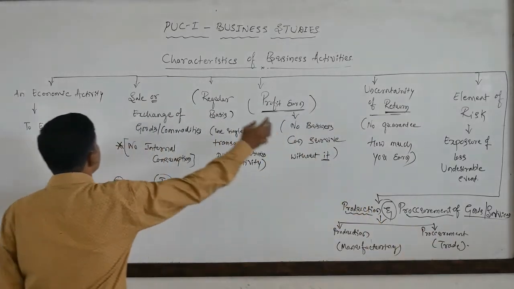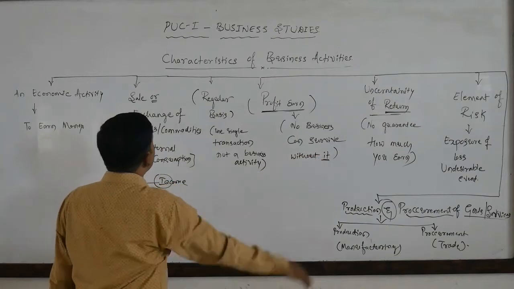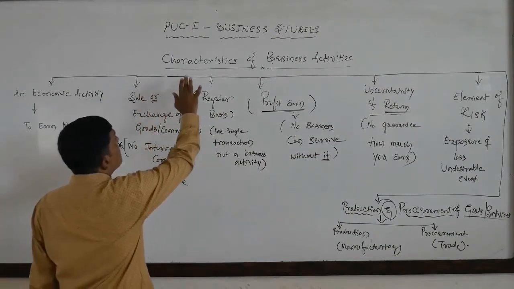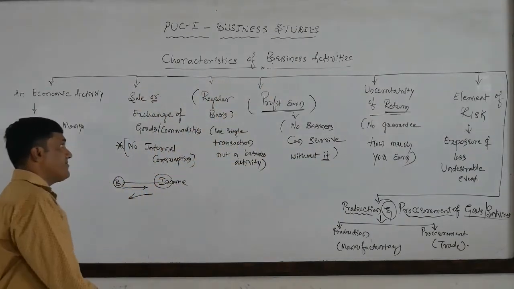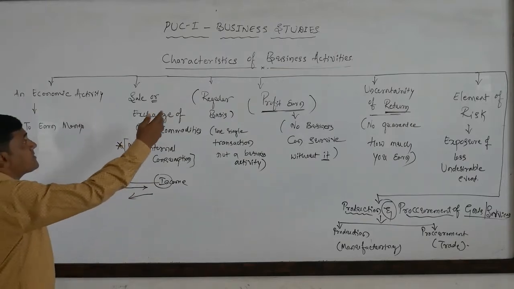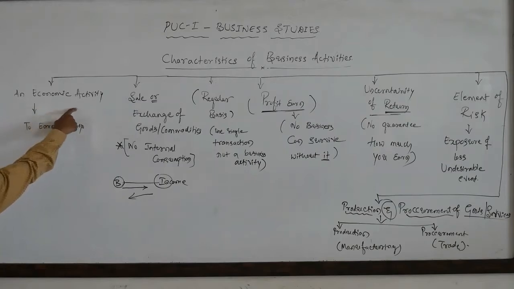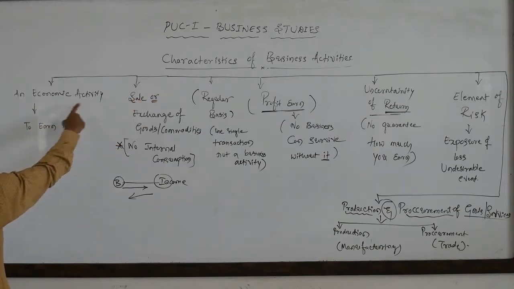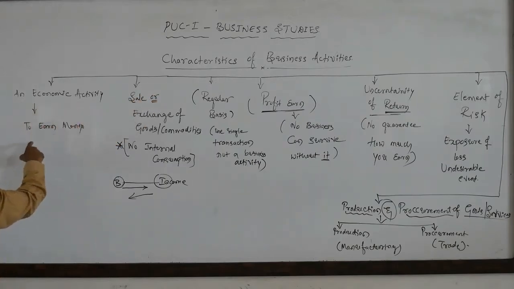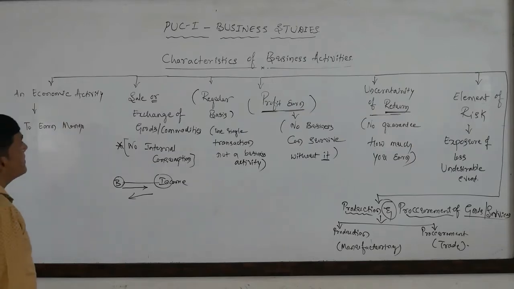Like this, dear students, in today's class, this is the topic of characteristics of business activities. The characteristics of business activity include, as you all know, an economic activity. Business activity is an economic activity. Its intention is to earn money.